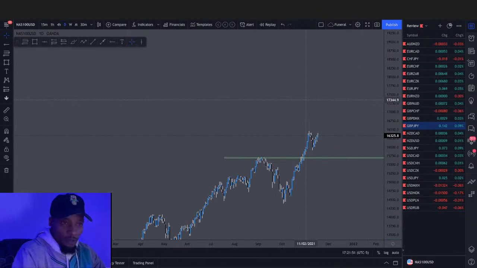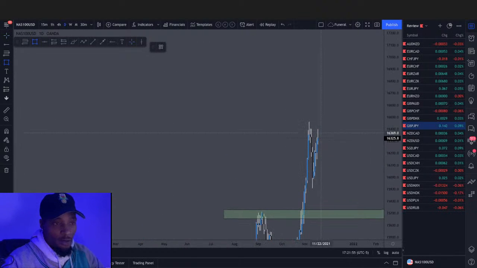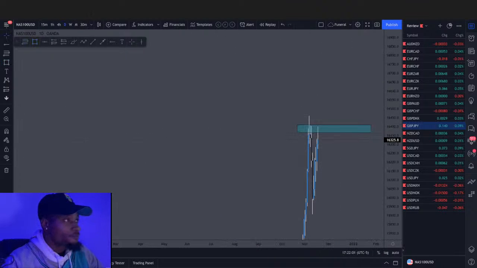Let's look at US 30. Really, you want to see a break above this level. I forgot to even tell you what I saw. You want to see a break above this level. It would probably explode up, really. Or maybe it might give you a little candle close, then maybe a retest with a wick, and one of those where my wick touched it but also closed higher than the previous candle.